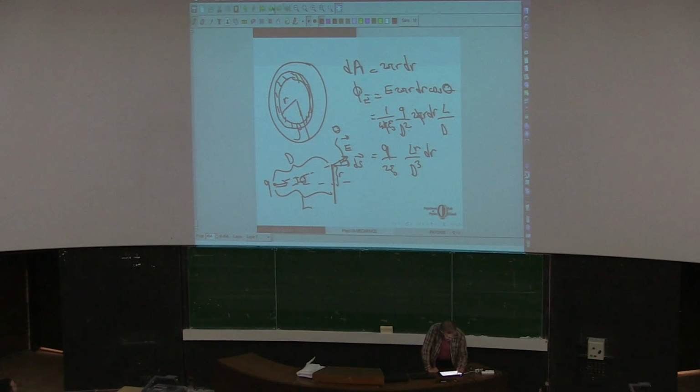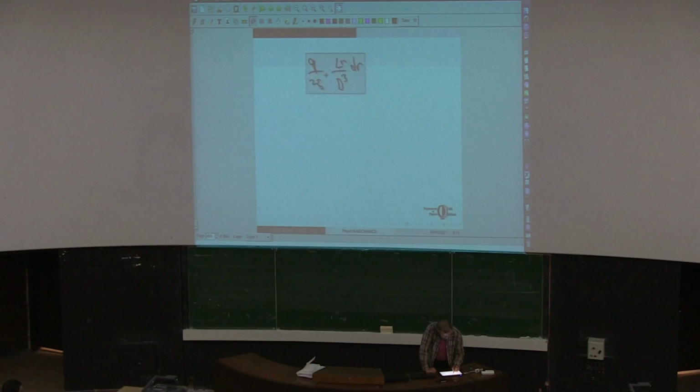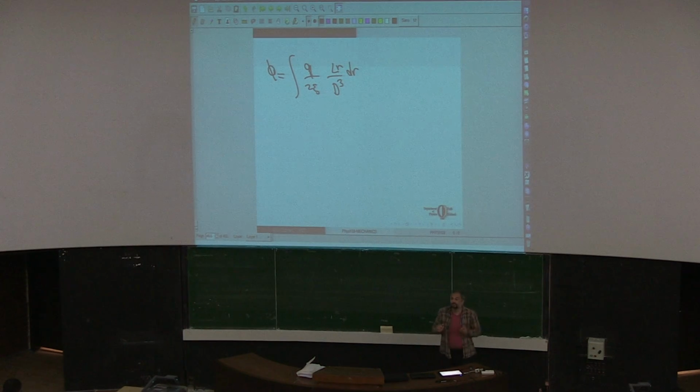Of course, we have to calculate the total flux. Now, the total flux will be just the integral of this one, the sum of the contributions of all these small rings.